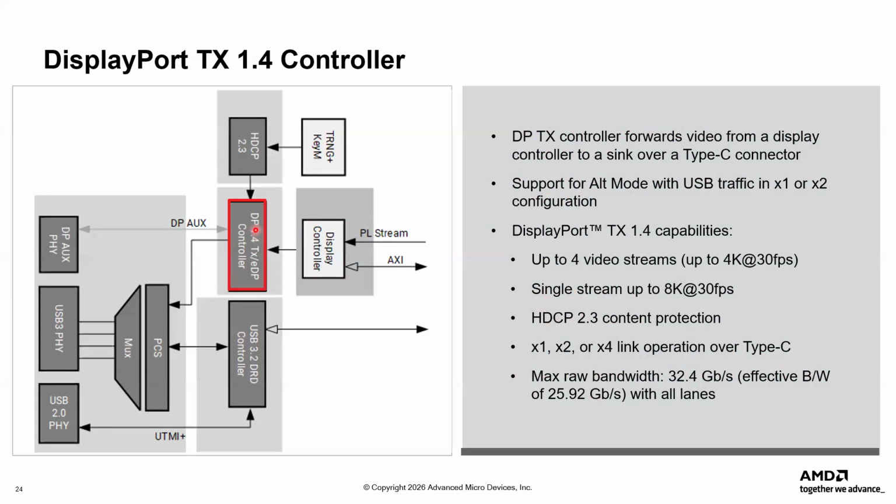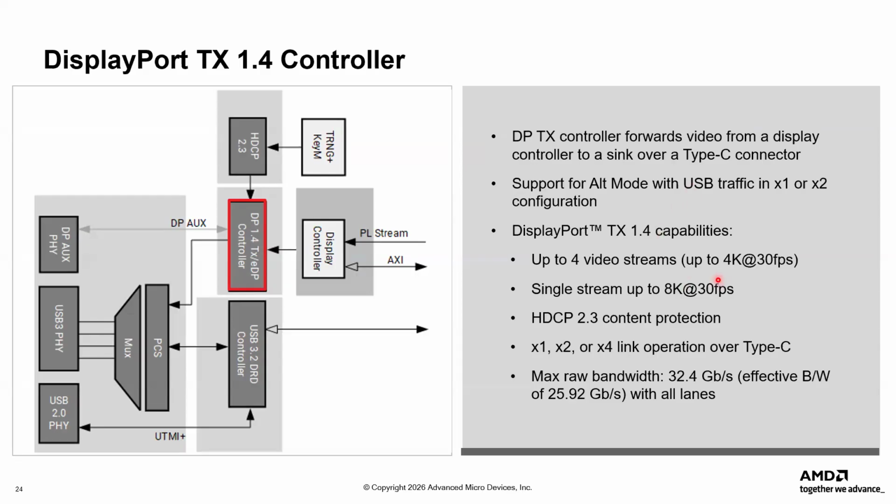So if you look at the DP controller itself, this basically forwards the video from the controller over a standard Type C USB connection. And this is supporting an alt mode for USB traffic, either one or two configuration.